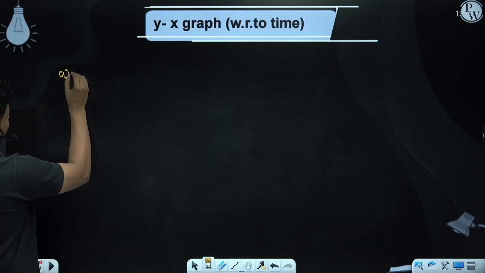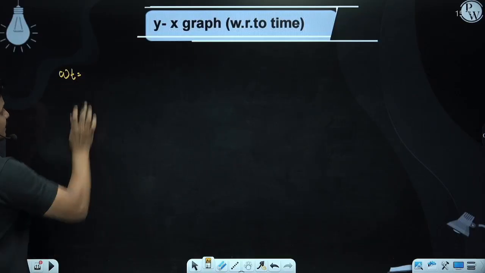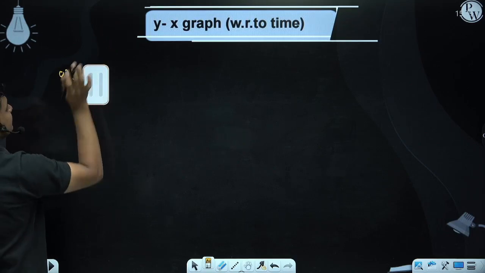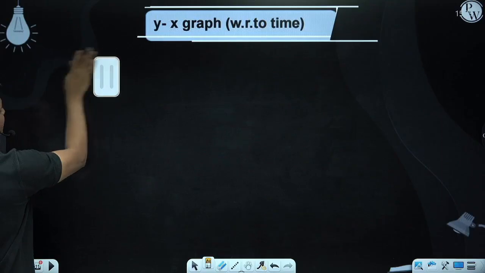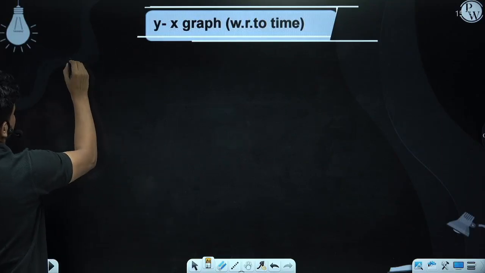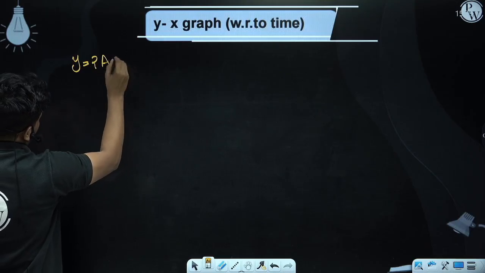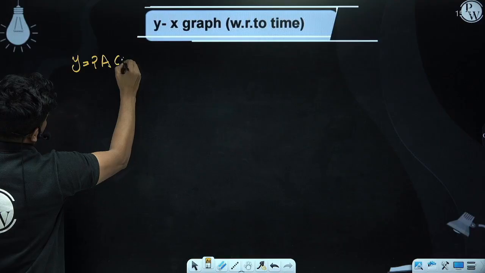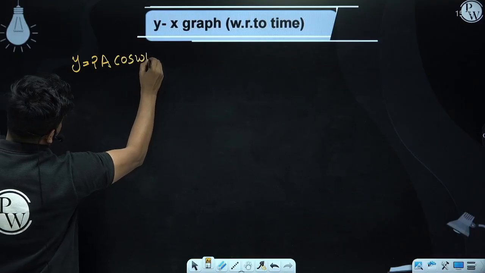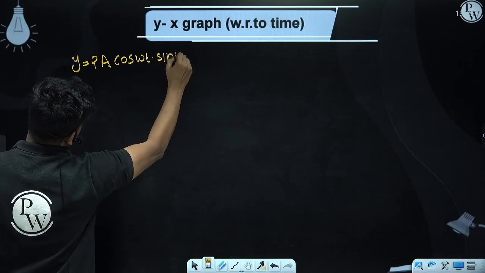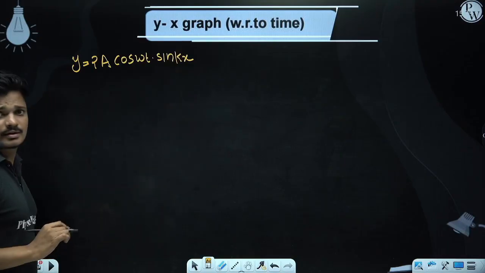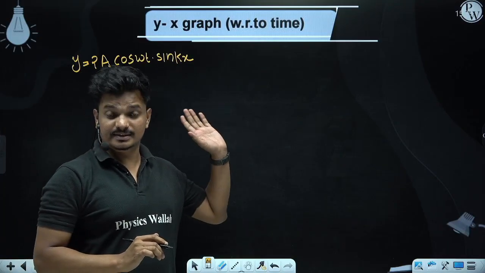This is omega t. First we can write our displacement equation. What is that? y is equal to 2a cos omega t sin kx. Students, sure? This is our displacement equation.